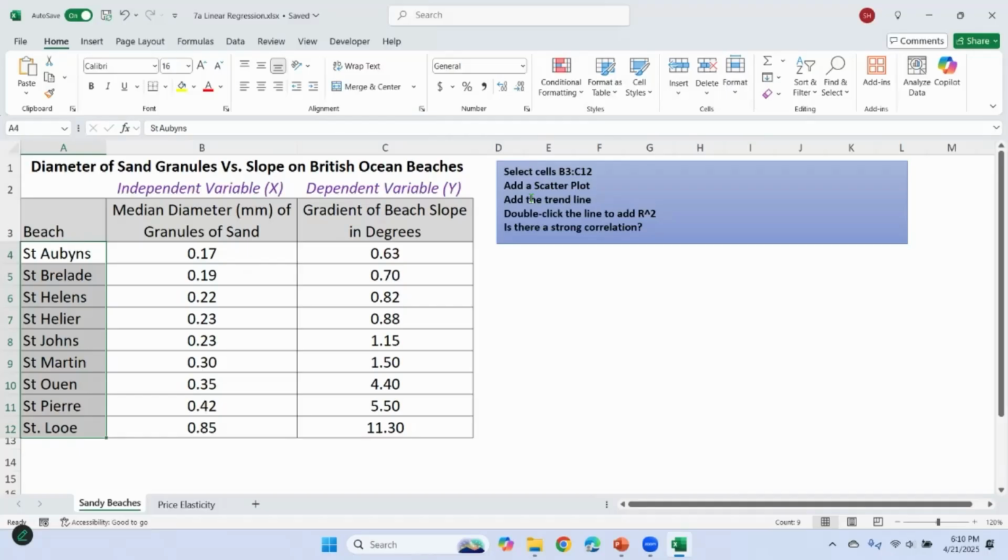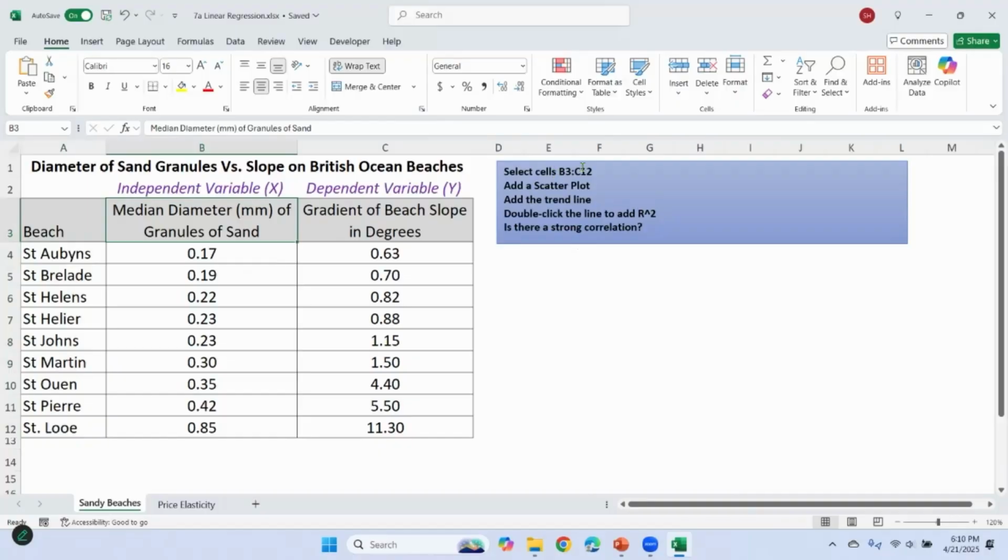And we see how strong the correlation is by adding the R squared value. You remember I said about that R squared number. If it is 0, no correlation. If it is 1, it has a correlation. That's what we try to understand here.